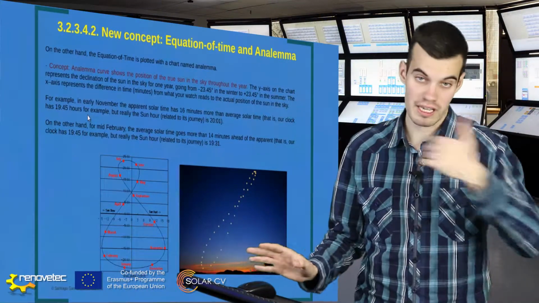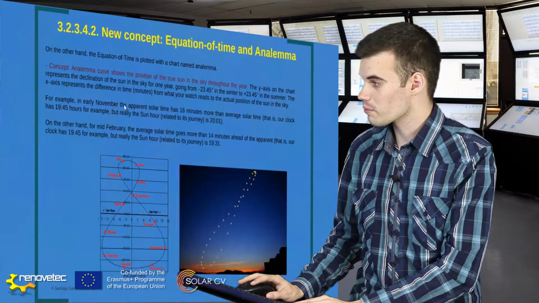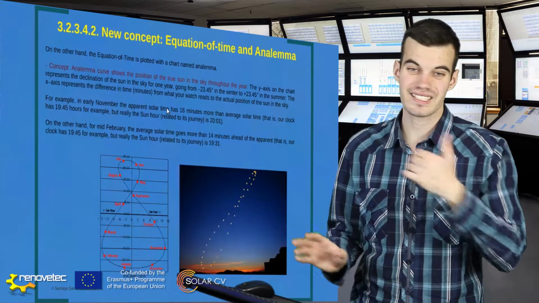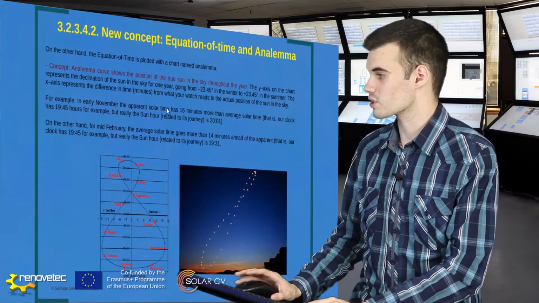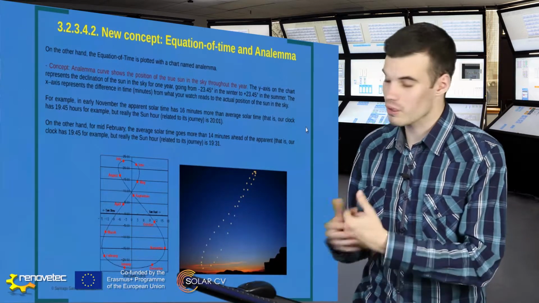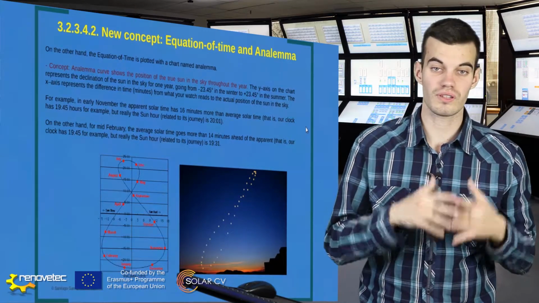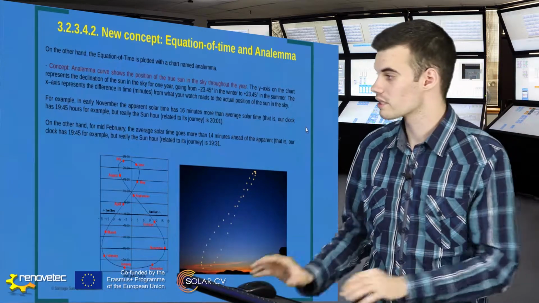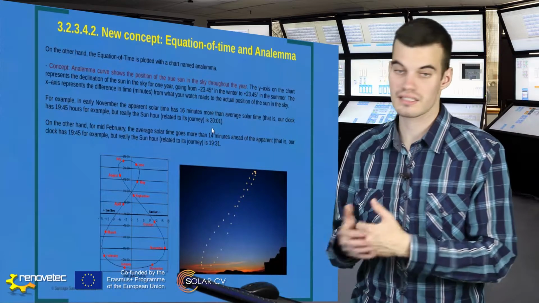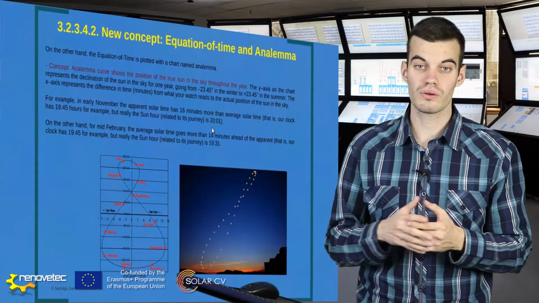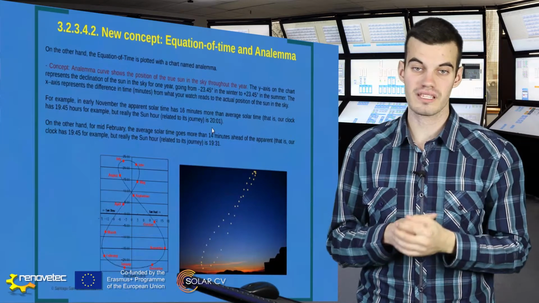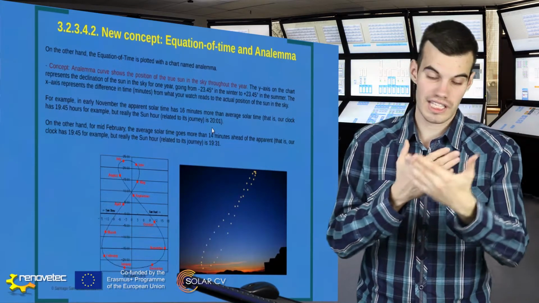And as we saw in the previous picture, in early November the apparent solar time is 16 minutes more than average solar time. So if our clock says 19:45, the real sun hour is 8 o'clock, so the night is reached in a shorter time.